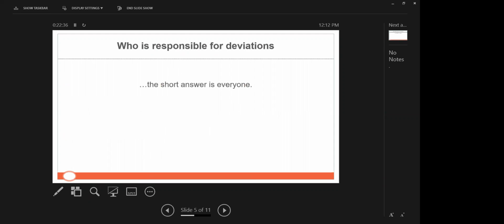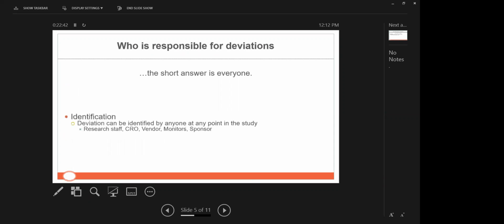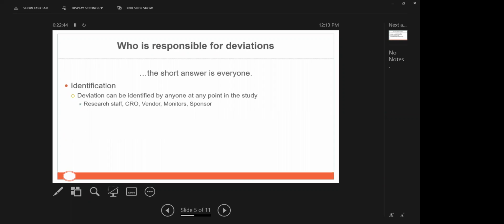Okay, so who's responsible for deviations? The short answer is everyone. Anyone who's working on a research study should be looking out for any potential deviations or differences that should be reported or addressed in some way. The research staff, obviously, are the first line of interaction with the patient and the source and documenting things.